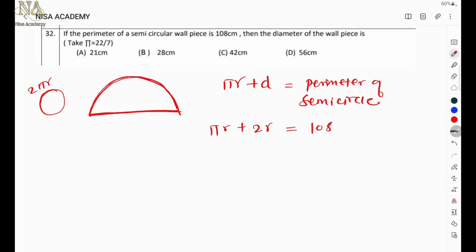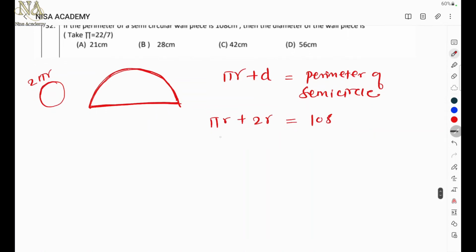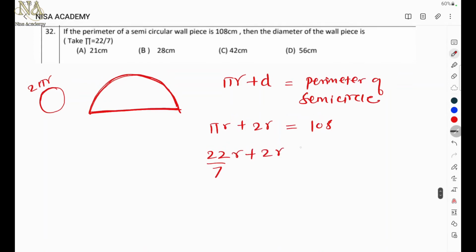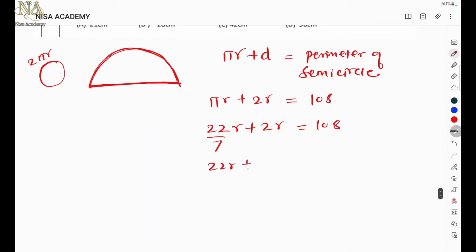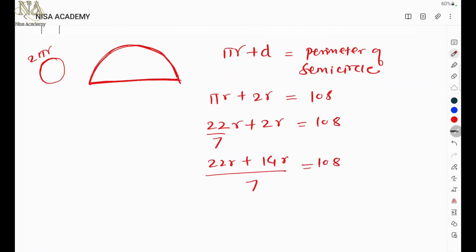The perimeter is given to us as 108, and pi is given as 22 upon 7. So 22 upon 7 r plus 2 r equals 108. 22 r plus 2 times 7 is 14 r, upon 7, equals 108.